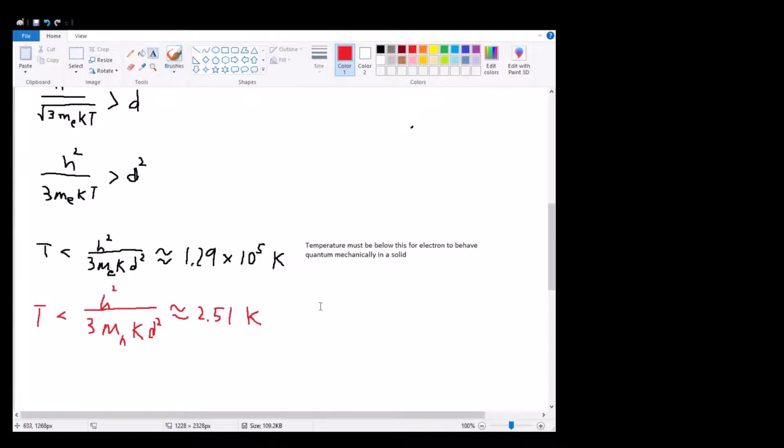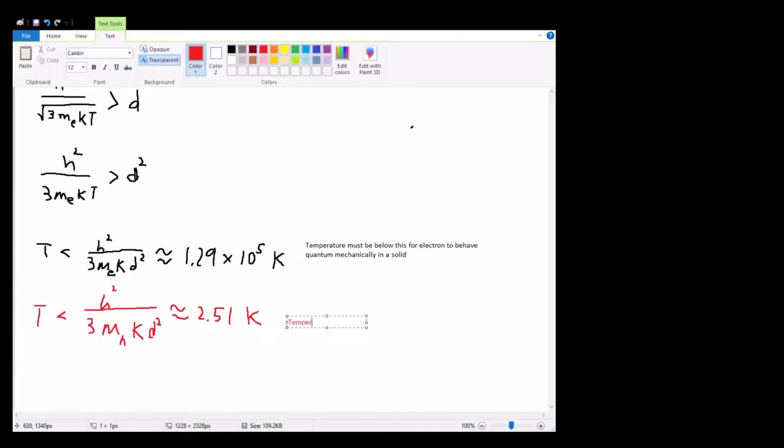And this is going to be the temperature must be below this for nucleons to behave quantum mechanically in a solid.